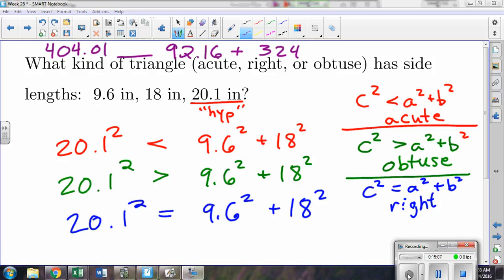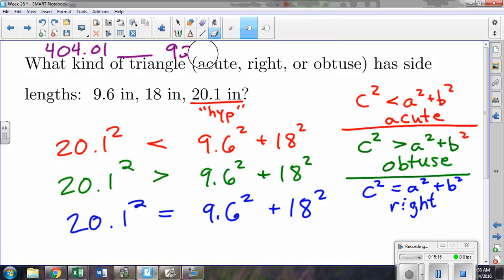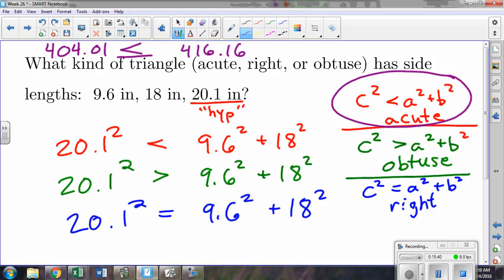So after taking 92.16 plus 324, those two things add up to 416.16. And now let's compare them. Do we have less than, greater than, or equal to? Because 404 is less than 416, this has to be an acute triangle. The converse of the Pythagorean theorem guarantees it.